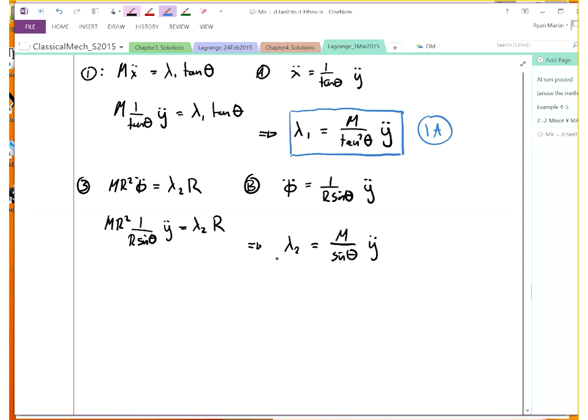So then I have m over sine theta y double dot. I call that equation 3b because it comes from equation 3 and equation B. Alright?